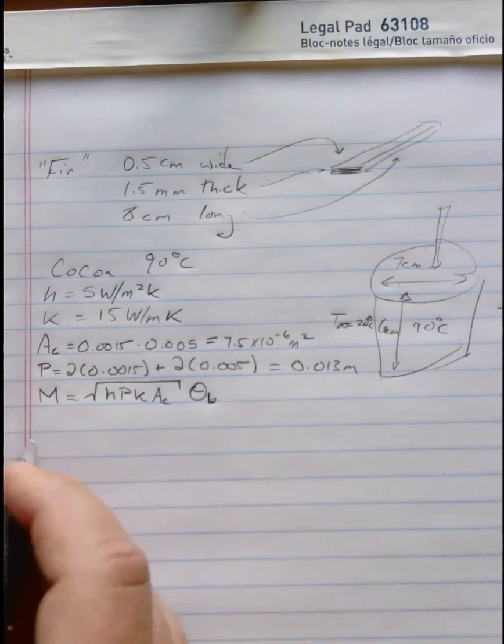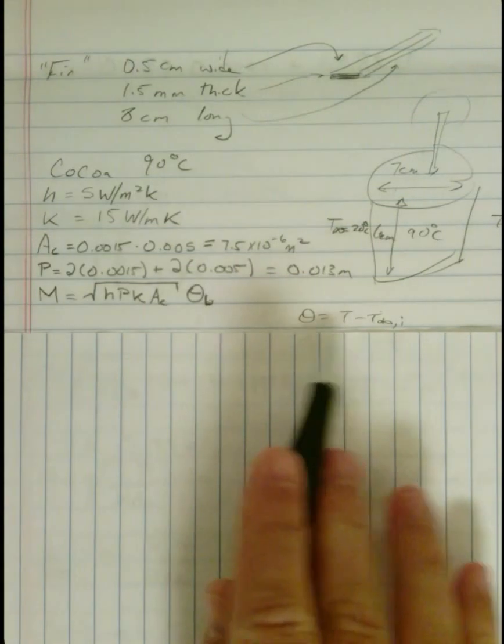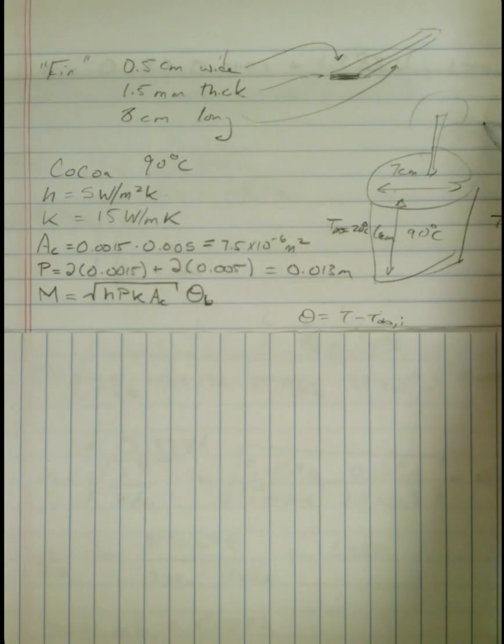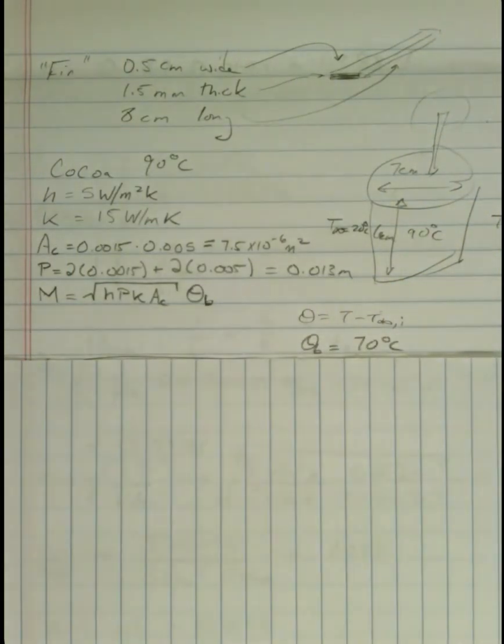Remember, theta is the... So we're going to assume here that the base of the fin, or this is the definition of theta, T infinity is the air temperature out here because that's what the fin is convecting to. The base temperature of the fin is 70 because we're going to assume that the base of the fin is at the same temperature as the cocoa, and then minus the 20 degrees T infinity.